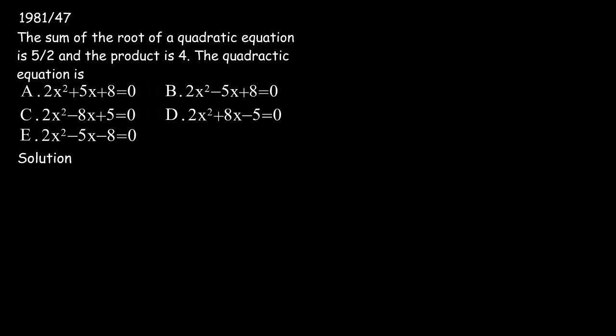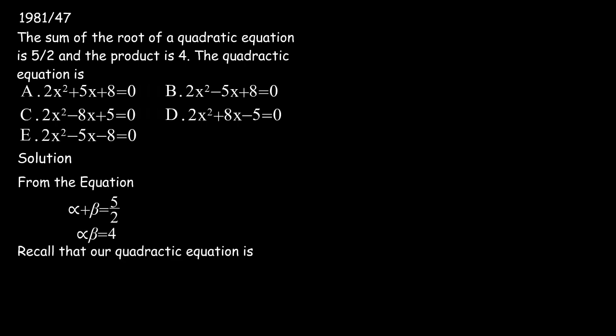We have another question from 1981, and it states that the sum of the roots of a quadratic equation is 5 over 2 and the product is 4. The quadratic equation is, and we are given the options. Now from the question, we are given that alpha plus beta is equal to 5 over 2 and alpha beta is equal to 4.